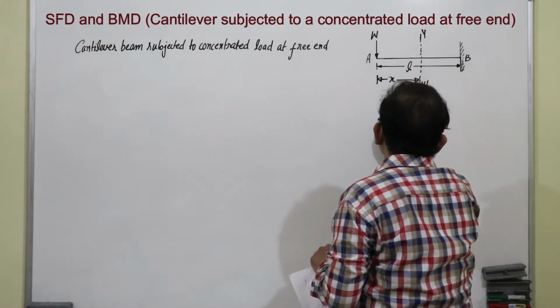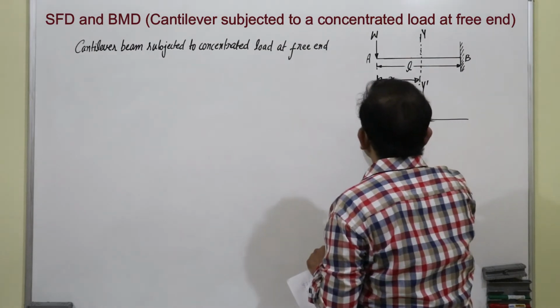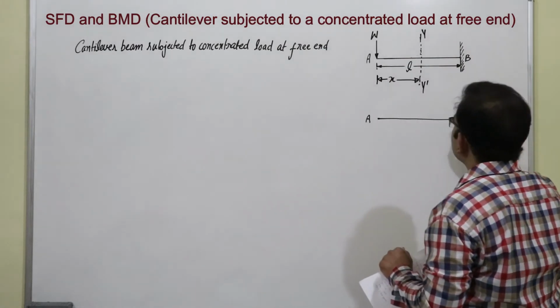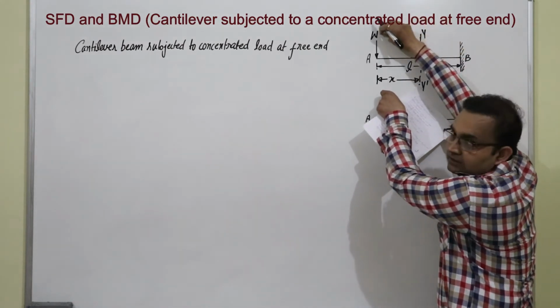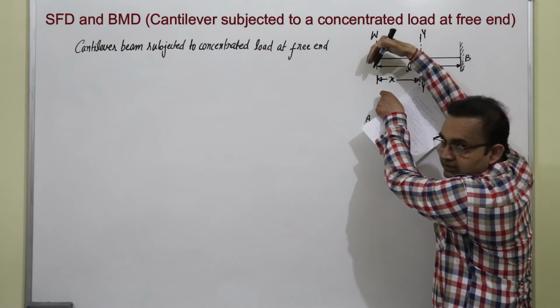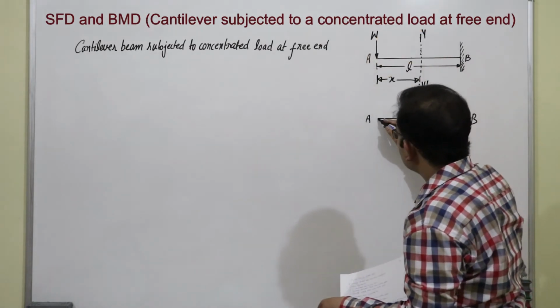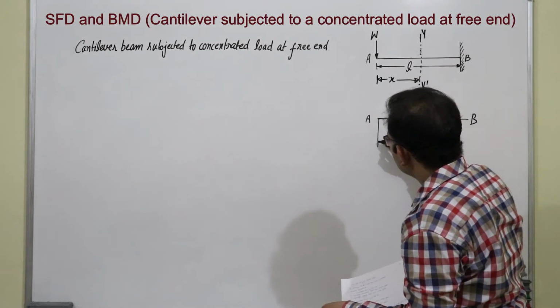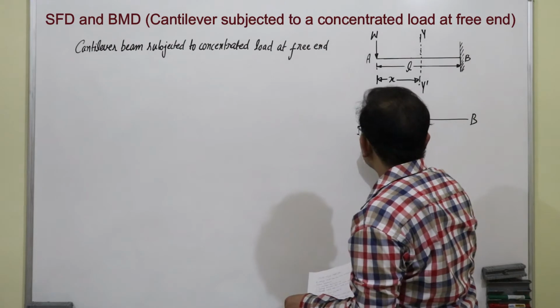So, we will draw the shear force diagram here, A, B, and when the section is at this position, the force to the left of it is W which is downward. So, it is minus W.